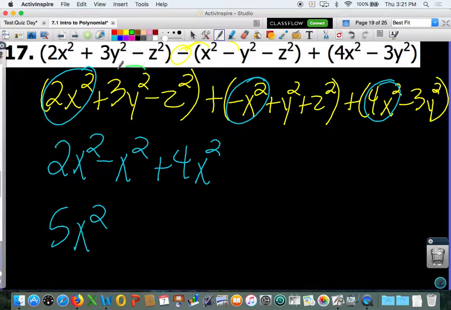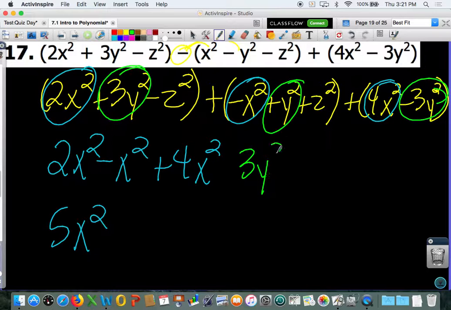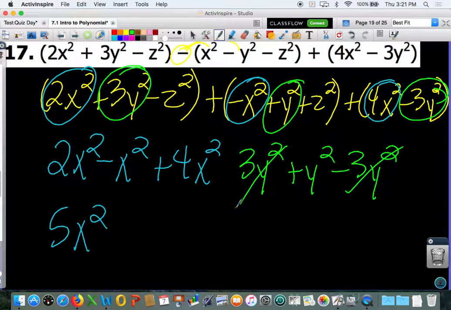Next, I'm looking at y squared. I've got 3y squared and a y squared here, minus 3y squared. Well, 3y squared plus y squared minus 3y squared, these two cancel out, so I'm just left with plus y squared.